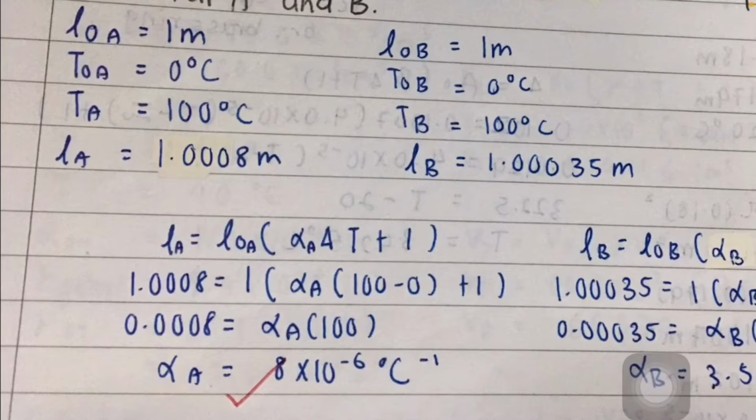We must convert the unit of the length in the question, so we can get the length for A is 1.0008 meter, and length for B we can get 1.00035 meter.